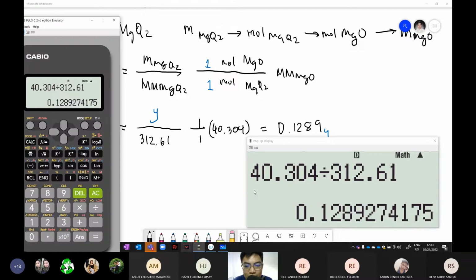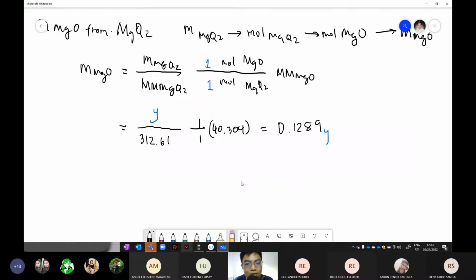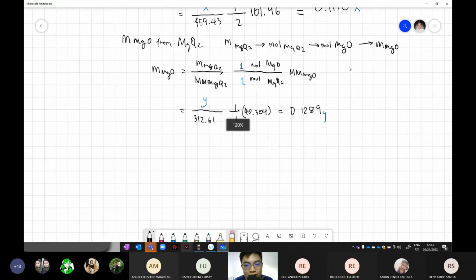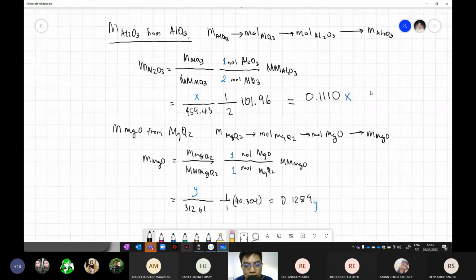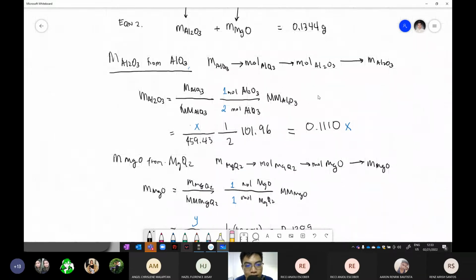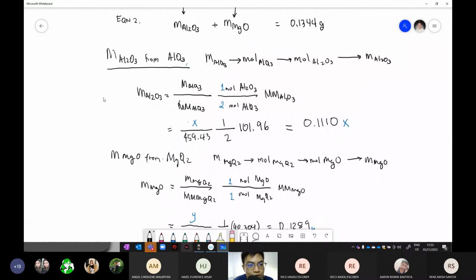Using your calcu, try to solve for X and Y. Okay. Bago ko ibigay sa inyo, ibalik natin yung dito. So the expression for aluminum oxide is this, na? So it is 0.1110X, and then for the Y, for the magnesium oxide, 0.1289Y.